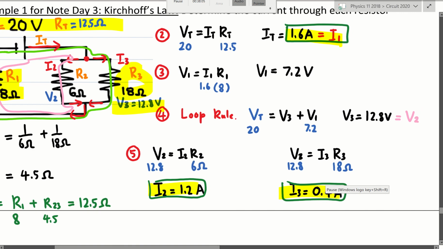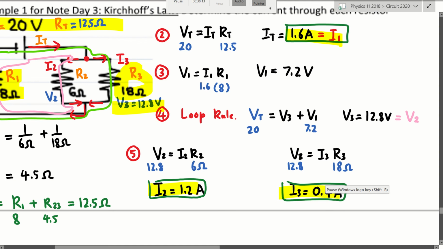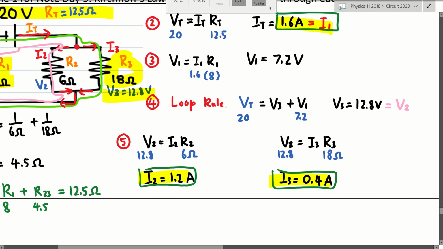Okay, there's actually something funny in here, which I don't know if some of you will realize. If you look at these two numbers, the current 2 and current 3 are off by a factor of 3. If you look at the resistance values for R2 and R3, they're also off by a factor of 3. You realize that?